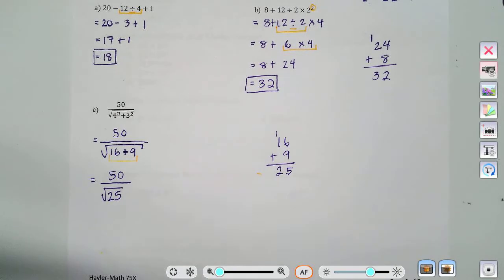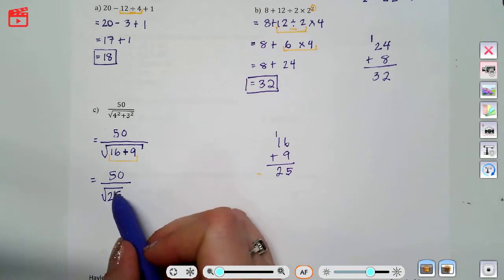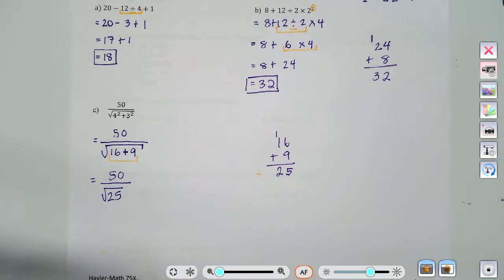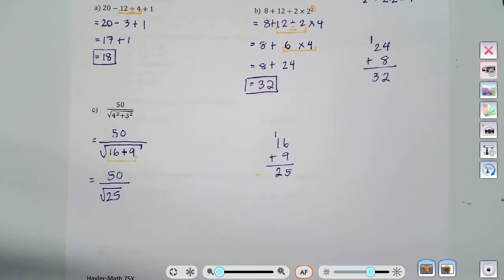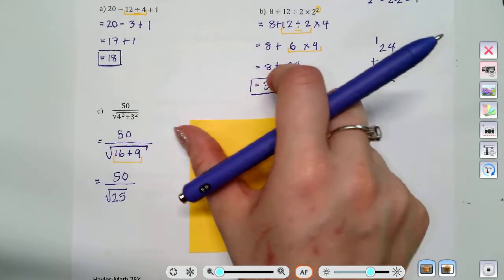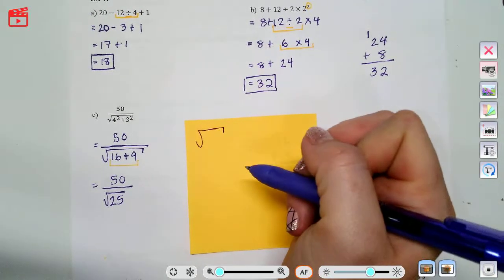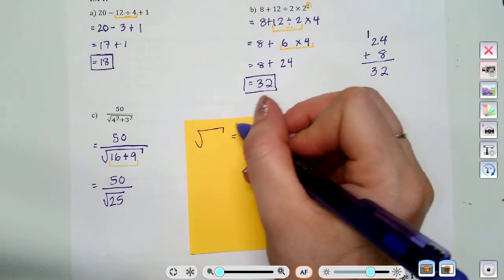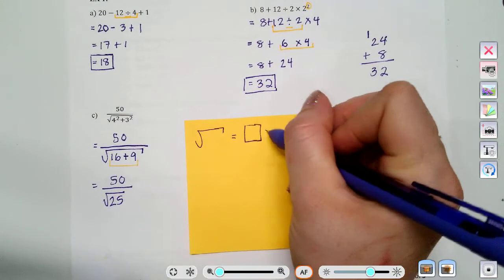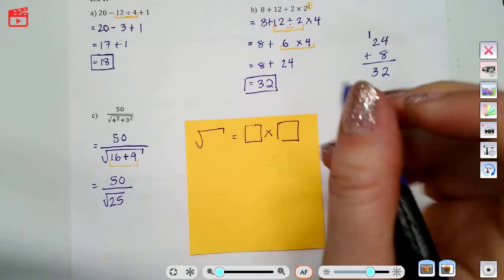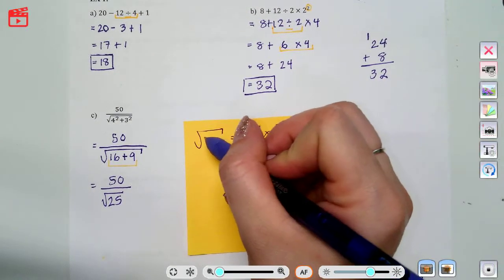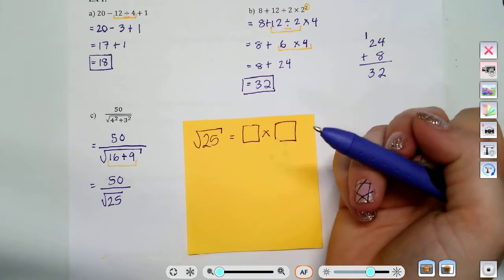Now there's nothing left to do inside this radical, so all we have to do is see, can we simplify the radical? It might be a refresher for you, but what is the square root asking us? The square root is asking us, what number times itself will give me 25? That's what it's asking.